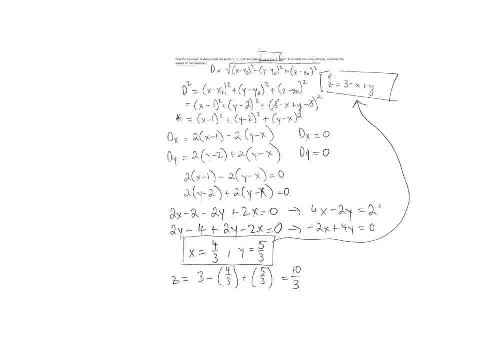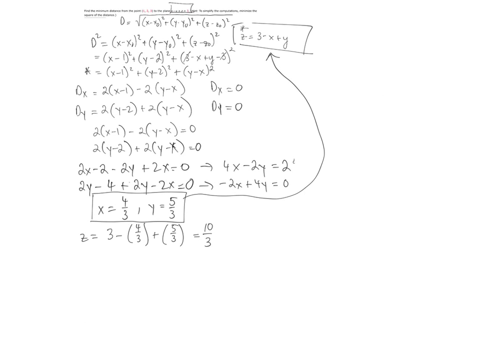Alright, now you have x, y, and z. You can go back to the original distance formula. So the distance squared will be x, which is 4/3, minus 1, squared, plus y minus 2, oops, not y, 5/3 minus 2, squared, plus y minus x.